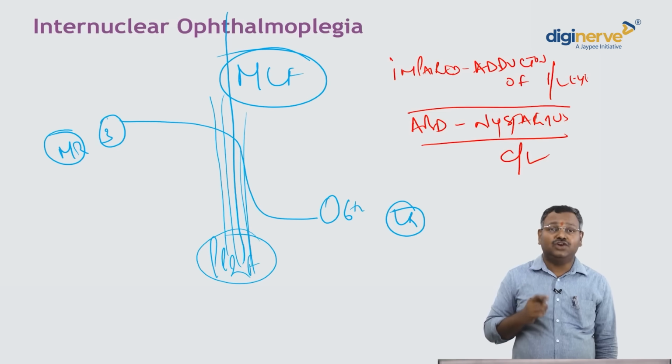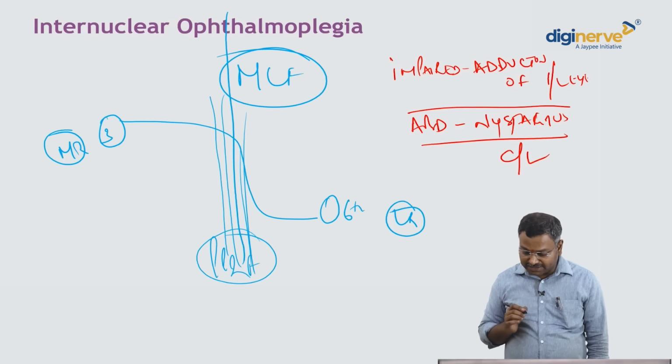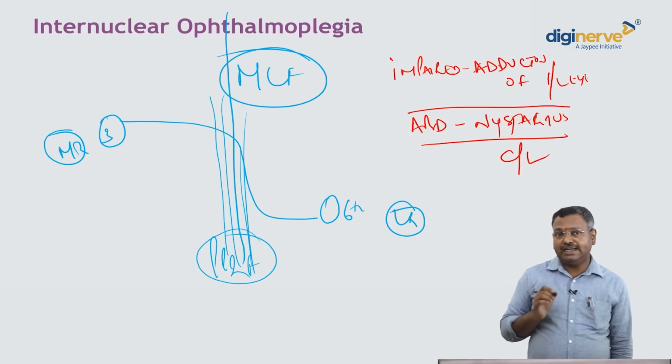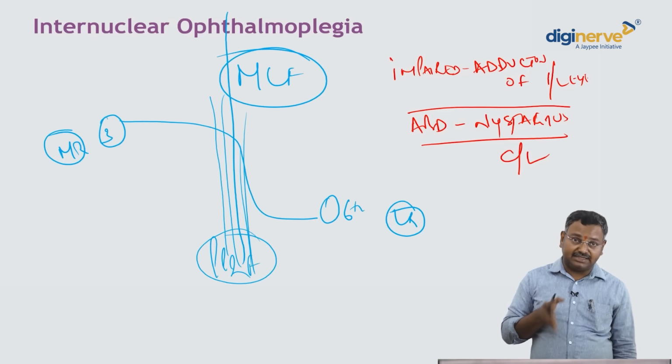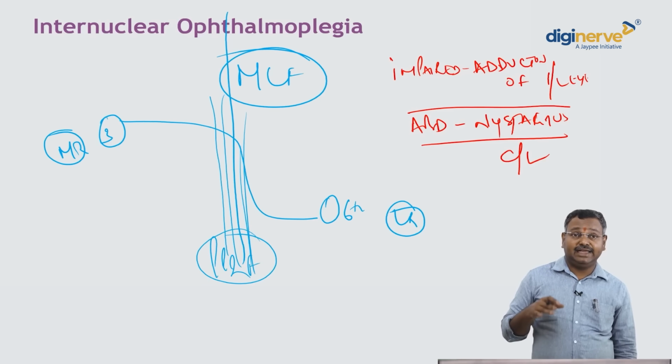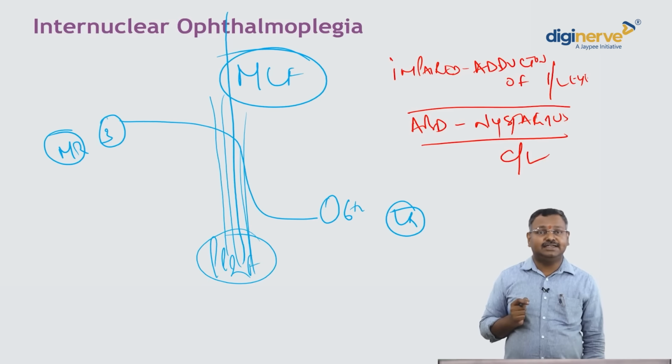It should abduct, but that is not going to happen. We call it internuclear ophthalmoplegia: loss of ipsilateral adduction and abducting nystagmus in the contralateral eye.